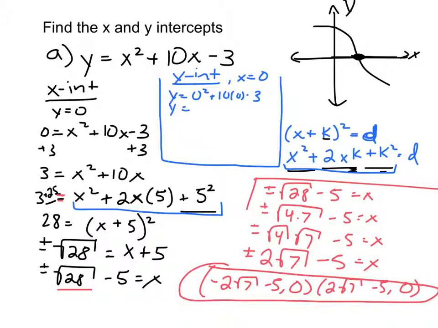This is 0, and that's 0 too, because 10 times 0 is 0. So I basically have y equals negative 3. So the y-intercept is 0, comma, negative 3. Remember, you write x, comma, y. So x is 0 and y is negative 3. And there you go, there's my y-intercept.